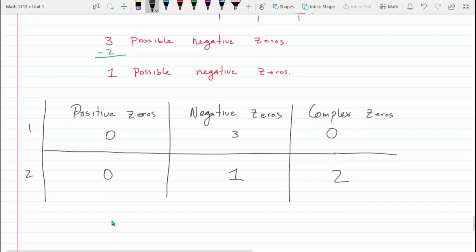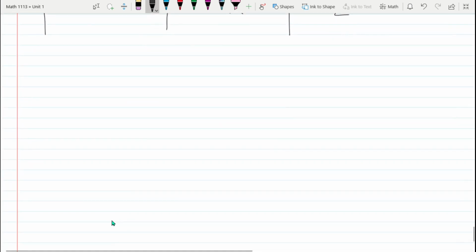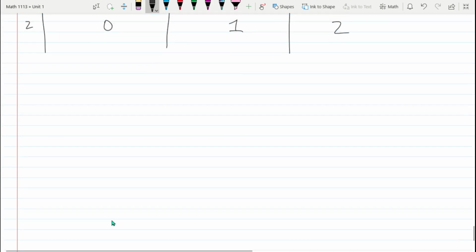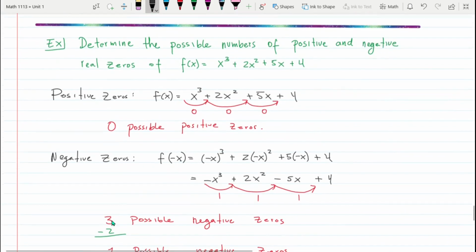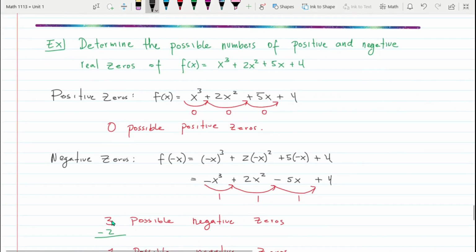So let me tell you what's going on graphically. So you have a power 3 function. So let me copy the same polynomial, and I'm going to make a rough sketch of it, right? So we have something like this.